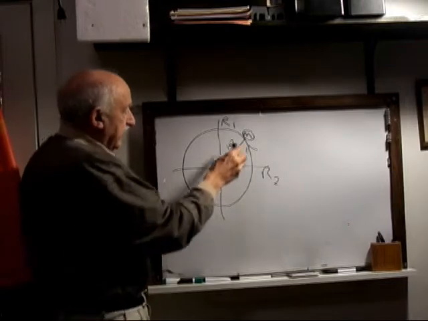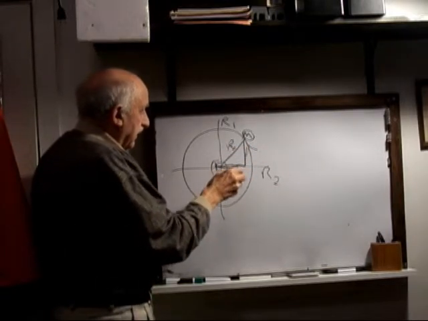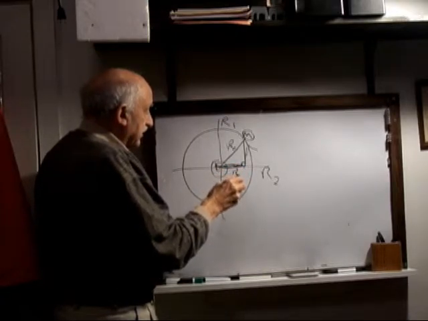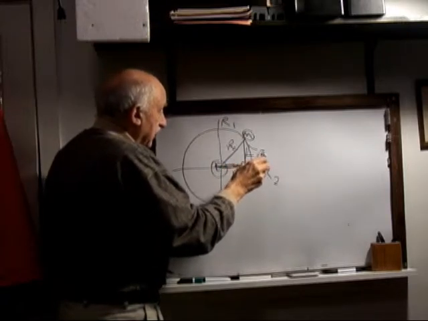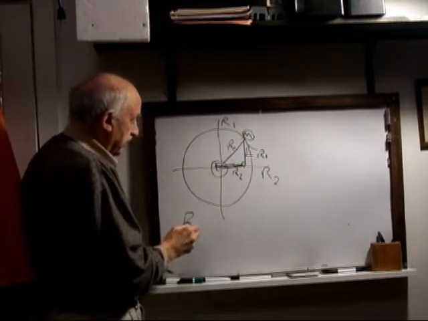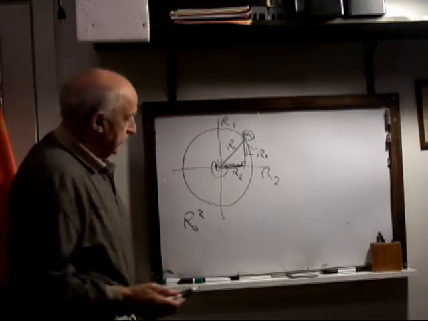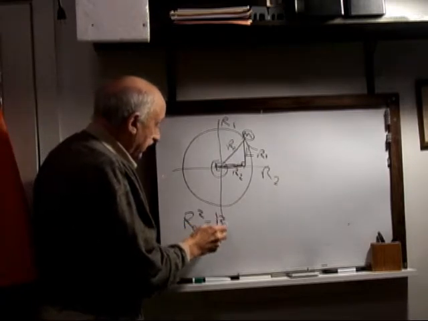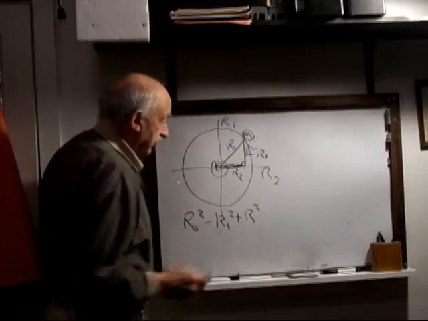And this is related to the displacement in R2, which is this much, and the displacement in R1, which is this much here, by the following equation: R0 squared, this is the theorem of Pythagoras, equals R1 squared plus R2 squared.